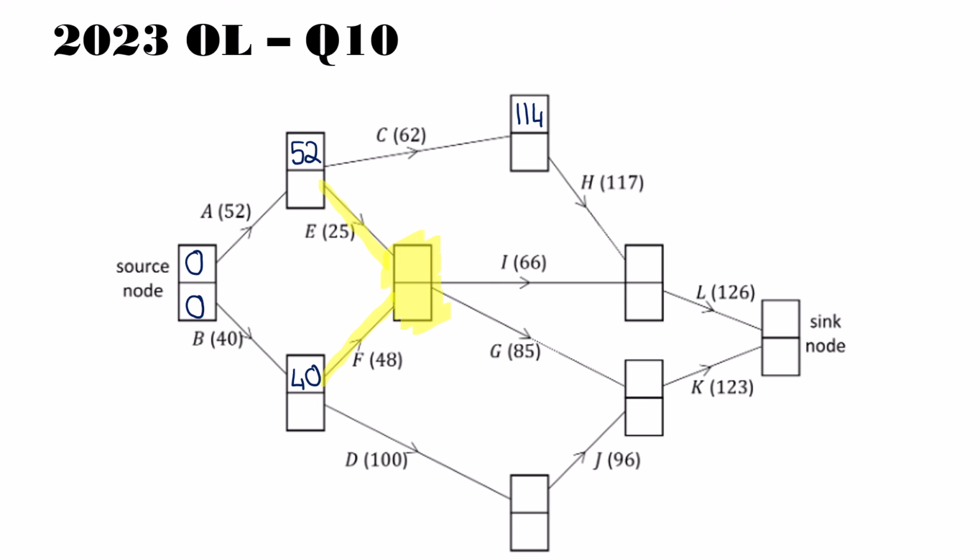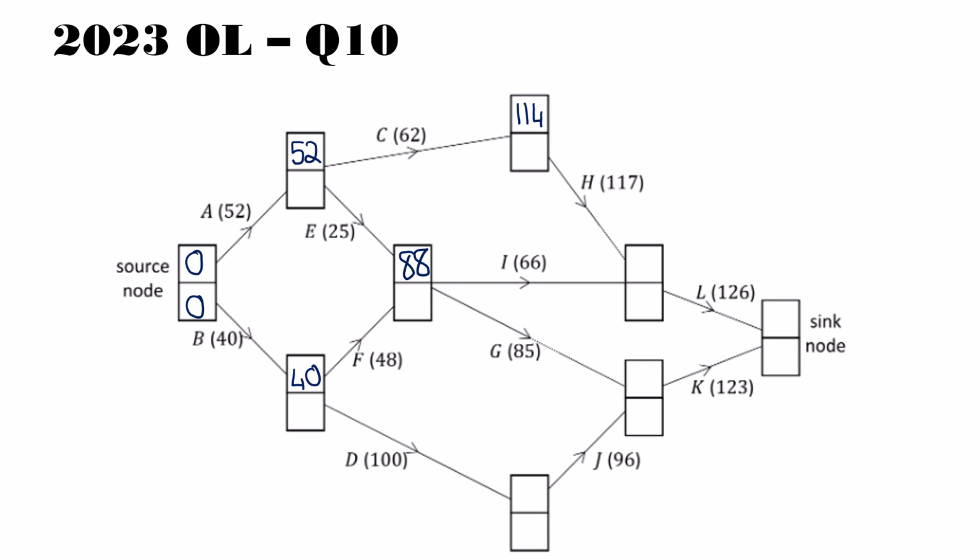So we have 77 and 88. And the rule is we always take the biggest early time. So that means we're going to take 88 in here. It's really important that we remember that rule and our focus is on any node where there are multiple arrows feeding into it. So not all nodes will be affected.